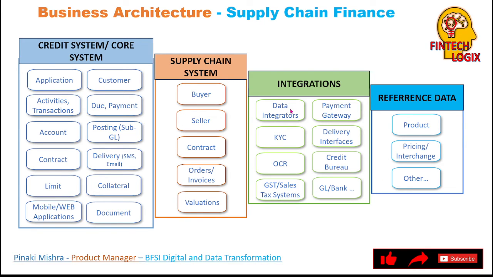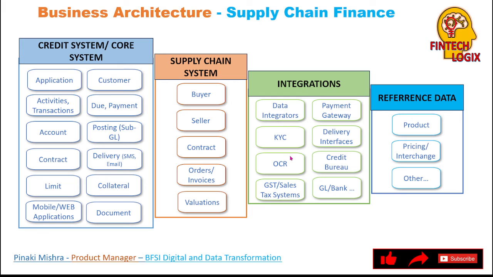Now with that we would need integrations. So what are the integrations? Data integrators to collect data about the borrowers, that means your buyers, sellers, etc. Your payment gateways for collection of payments from external systems, your KYC that is needed for your borrower, supplier, etc. Delivery interfaces, and OCR, which is optical character recognition, because supply chain finance is a document intensive system.